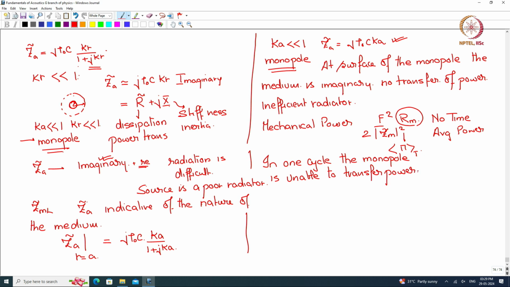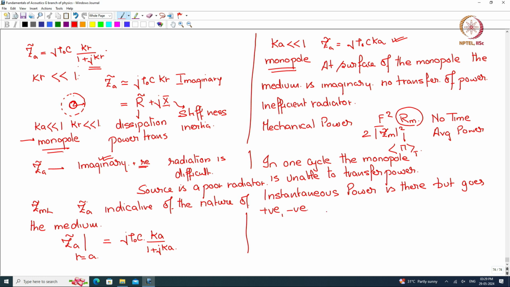There will be instantaneous power transfer between the monopole and the surrounding medium, but that goes positive sometime and negative sometime.